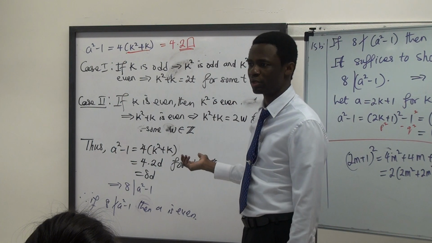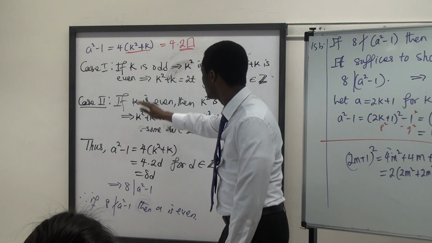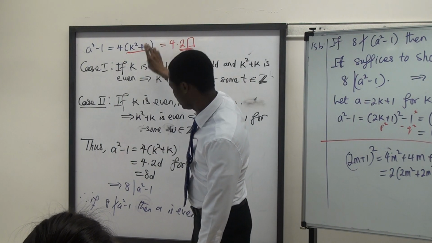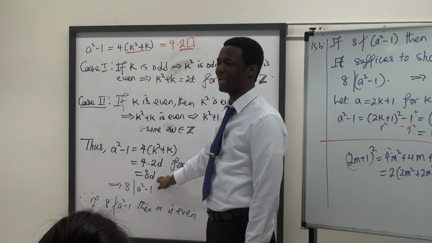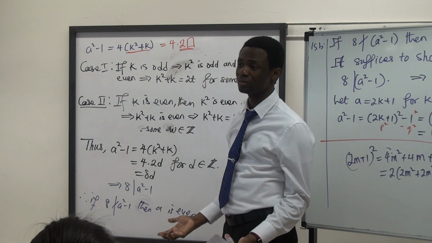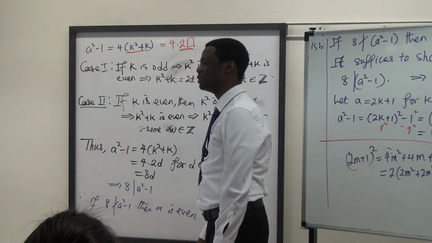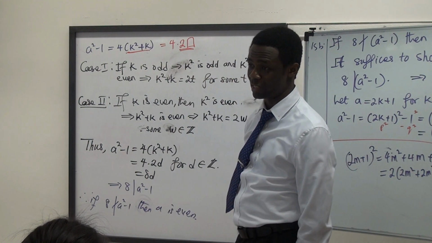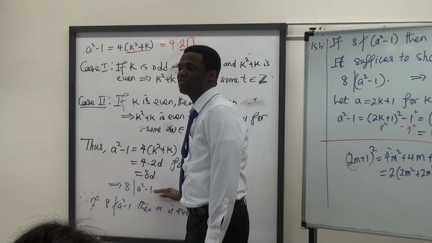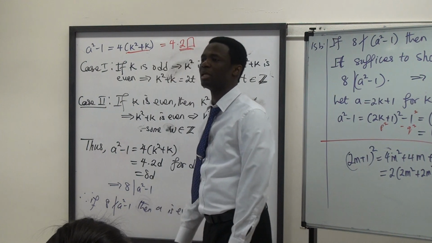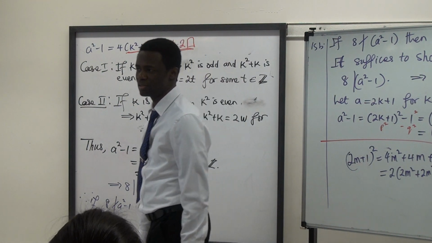So eventually what we are trying to do here can now be written in this form, which means we now have it in terms of our 8d, which is the original goal. Now we can conclude that 8 indeed divides it. Then I try to recall the original statement. If the contrapositive has been proved, then the original statement is true because these two are equivalent.